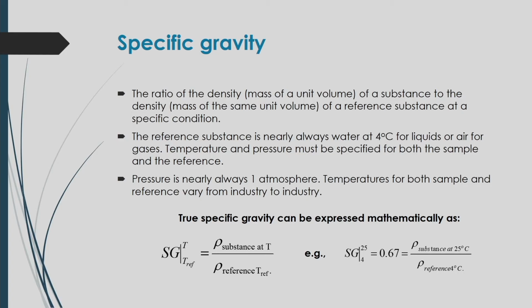The reference substance is nearly always water at 4 degrees centigrade for liquids, whereas for gases the reference gas is air. Temperature and pressure must be specified for both the sample and the reference.